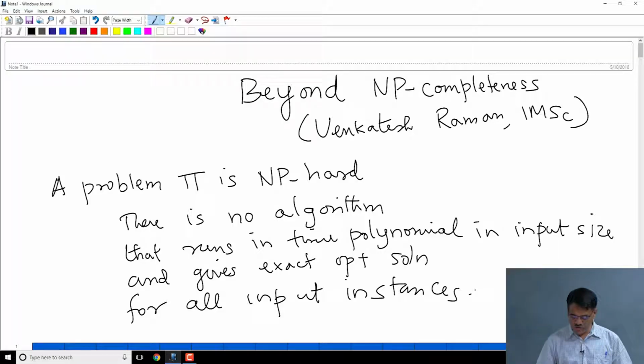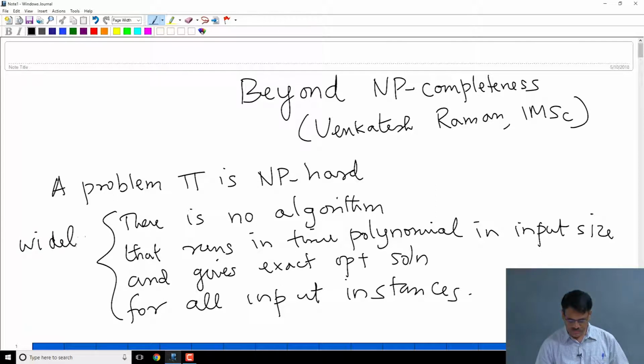Well, not quite. If P were equal to NP, which we do not know, then this statement is not true. This is what is widely believed, so I am going to say that this is a conjecture. This is not a fact, but more of a conjecture.